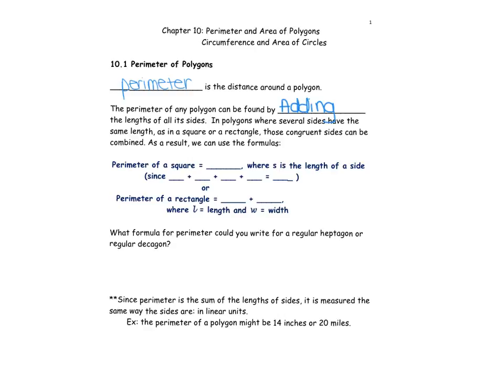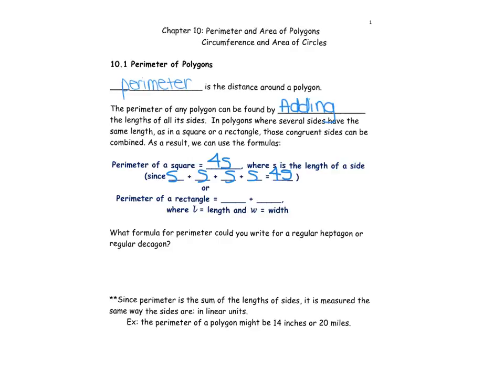So for the perimeter of a square, many of you might be familiar with the formula. The formula for the perimeter of a square is 4 times the side. Or if you take all the sides and add them together, s plus s plus s plus s equals 4s.